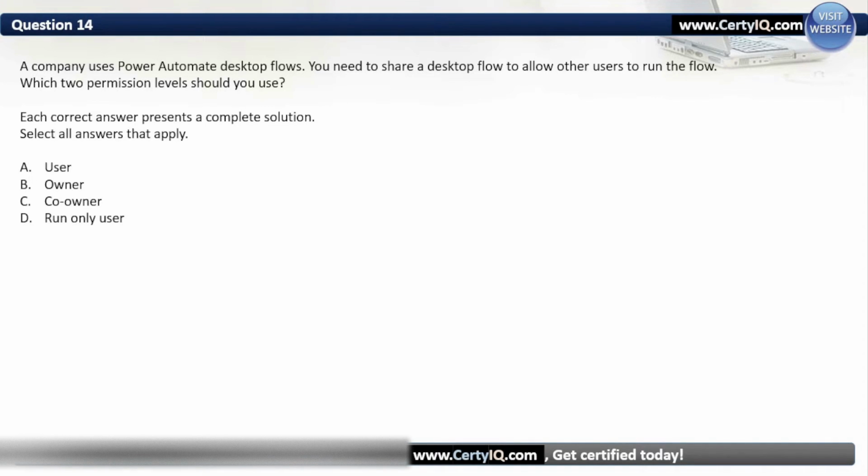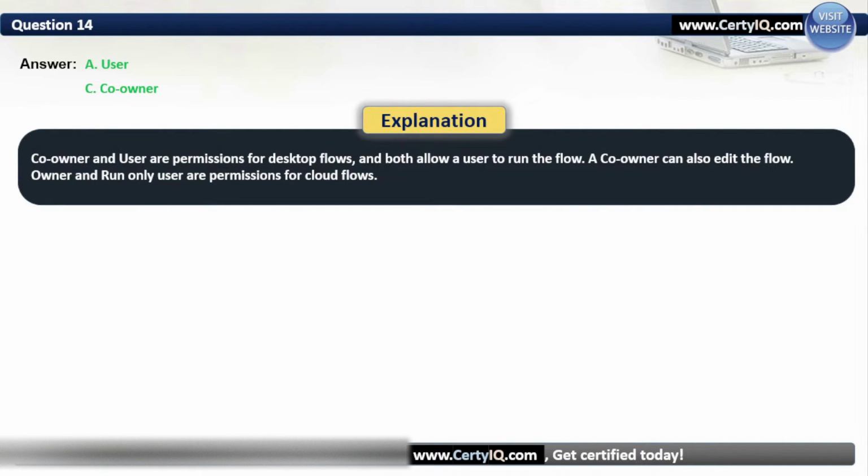The correct options are A and C, that is user and co-owner. Co-owner and user are permissions for desktop flows and both allow a user to run the flow. A co-owner can also edit the flow. Owner and run-only user are permissions for cloud flows.